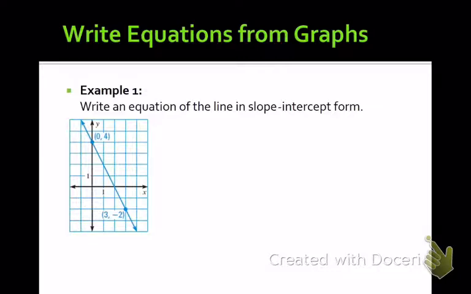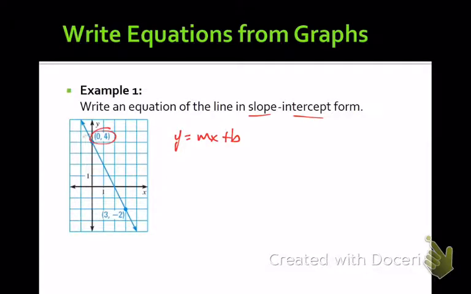Write the equation of this line in slope-intercept form. Now, we would need the slope and we would need the y-intercept to write this in slope-intercept form, right? So that is y equals mx plus b. Now, unfortunately, we don't know the slope. We do know the y-intercept.